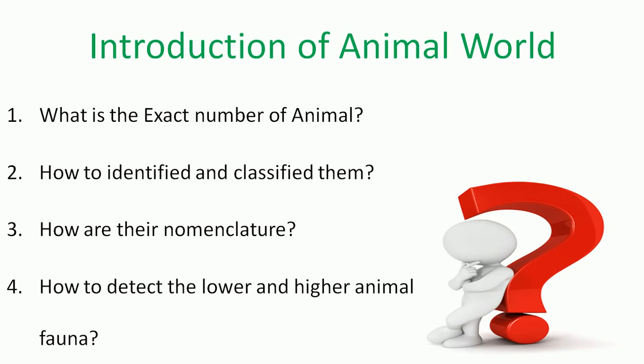Then the next question that comes to mind is how to distinguish lower and higher animal fauna. Those animals in which the notochord is absent are known as lower animal fauna, and those animals that have the presence of the notochord and vertebral column are known as higher animal fauna.